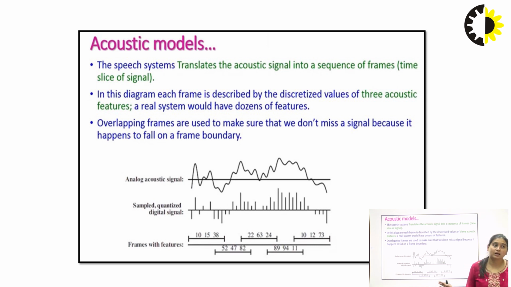In this diagram, each frame is described by discrete values of three acoustic features, and a real system would have a dozen features. There can be overlapping of the frames, and overlapping frames are used to make sure that we don't miss a signal because it happens to fall on a frame boundary.